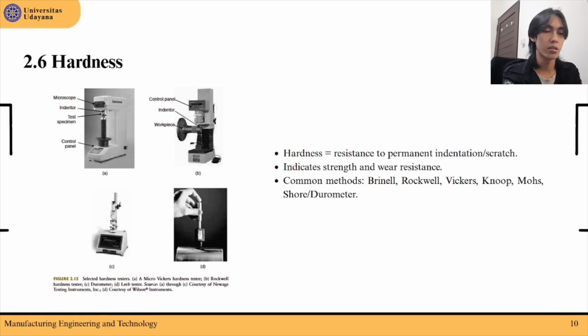Each method is suitable for different applications. We can see the equipment, the instrument of the hardness test. There is a small one like you can see in the laboratory.